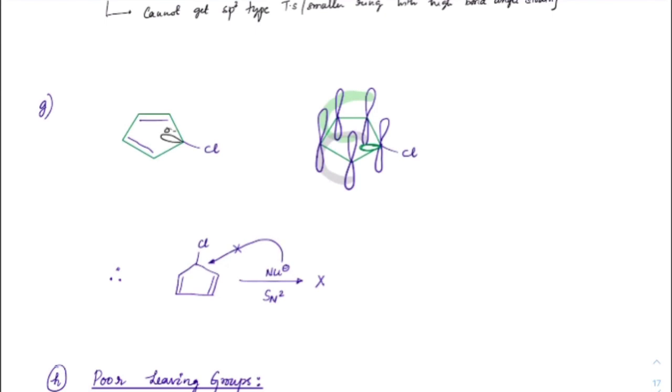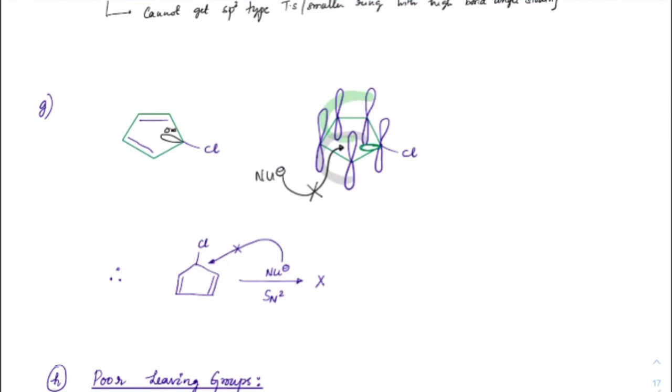This sigma star which is present will still have the influence of those pi bonds. So if the nucleophile is trying to approach here, it has to go through the repulsions of those pi electrons. This is the pi electron cloud, up and down. Because of that pi electron cloud, the nucleophile cannot approach.